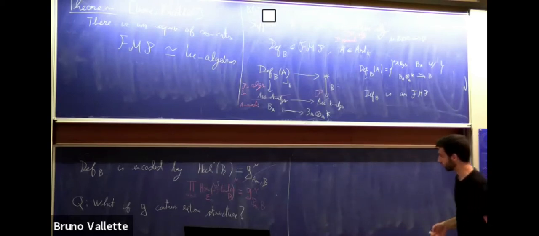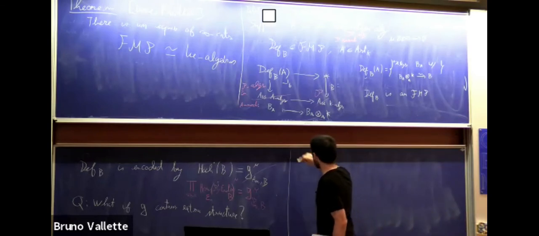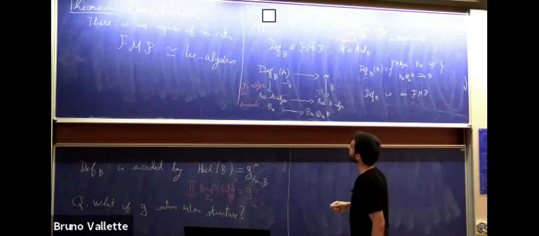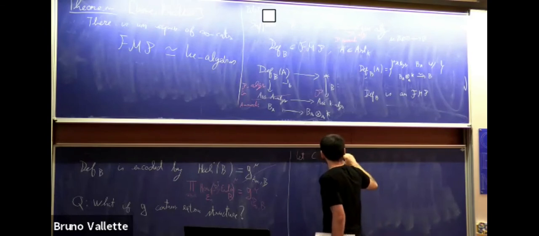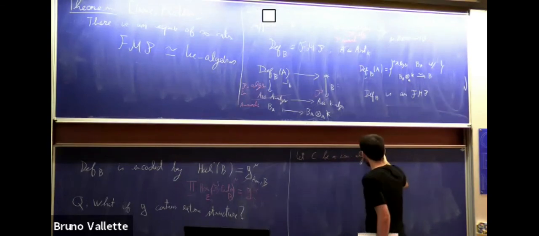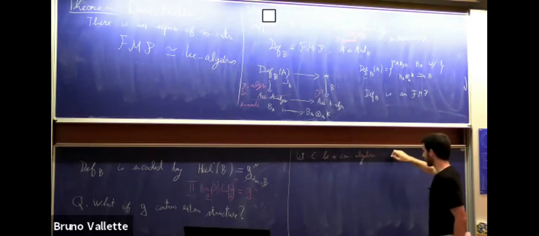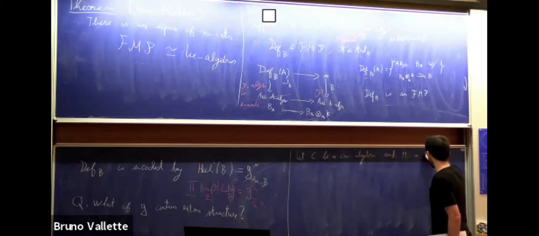So let me address the slightly easier example. Let's say that now C is a commutative algebra, and we're not deforming C. We're taking M, a C module.